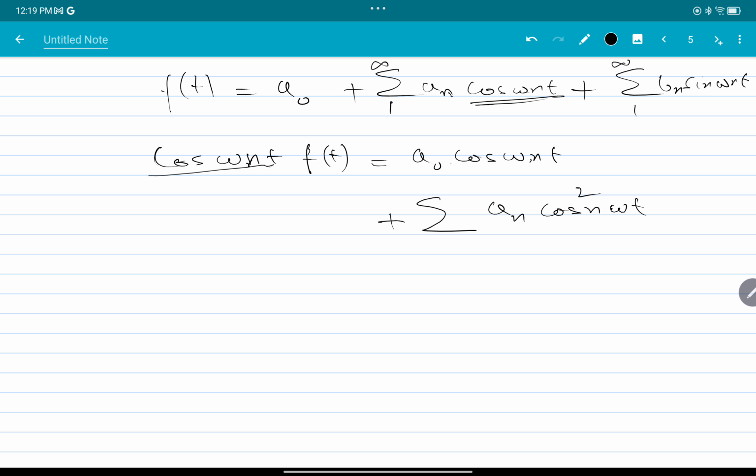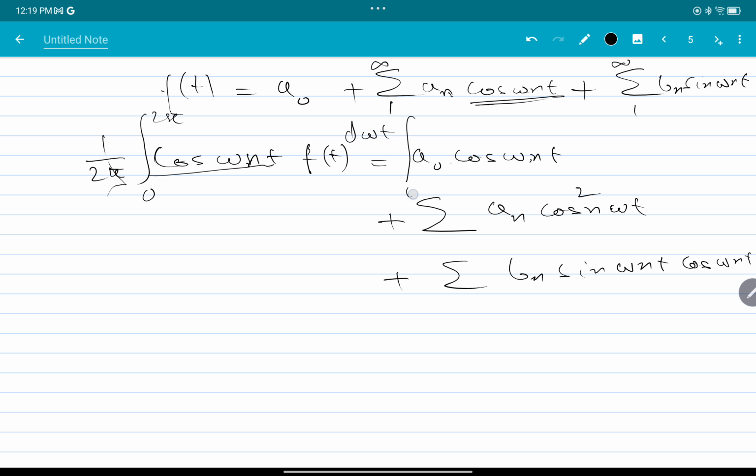This becomes cos square omega n t, plus then you have bn sin omega n t cos omega n t. Now take the average value of all of them, that is 1 by 2 pi, integral 0 to 2 pi, d omega t.